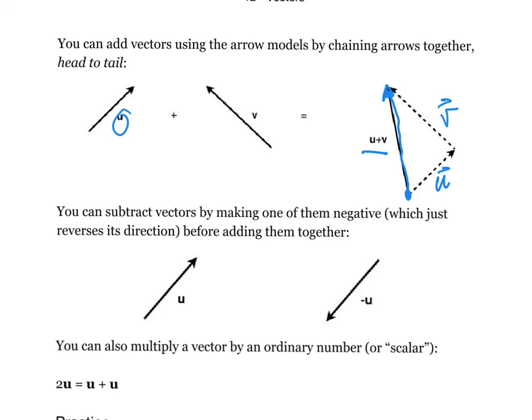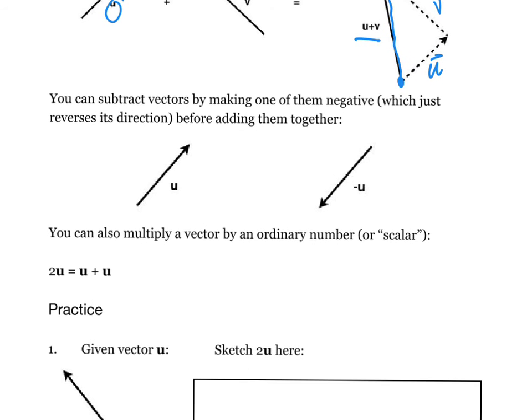Okay, here's another example. If you want to talk about subtracting vectors, what you're really doing is adding a negative vector. And if you want to add a negative vector, you need to have a concept of what a negative vector means. A negative vector has the same length as the original vector, but its direction is opposite.